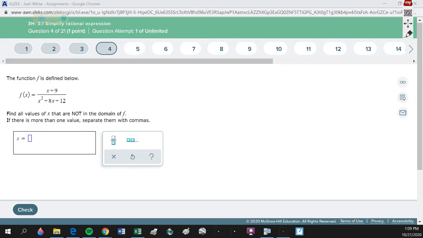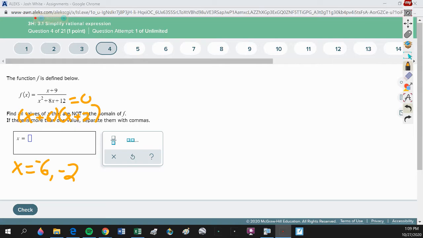So, number 4 is exactly the same thing as number 2. It just wants to know which numbers are not part of the function. So we set the bottom equal to 0. We factor x plus 6 and x plus 2. So x equaling negative 6 and negative 2.